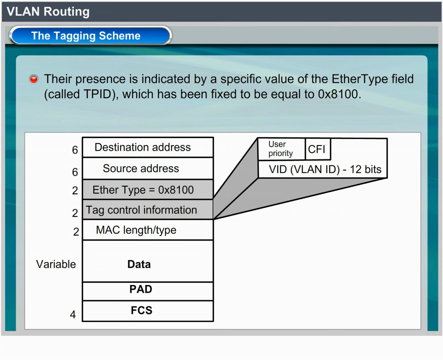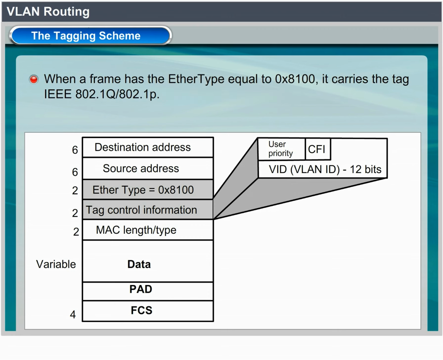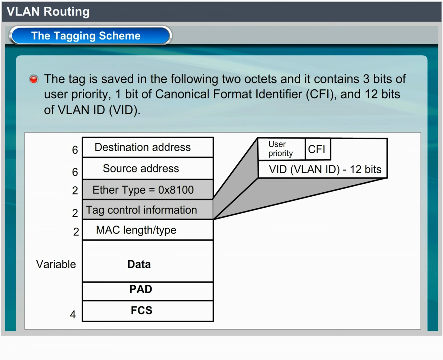When a frame has the ether type equal to 0x8100, it carries the IEEE 802.1q/802.1p tag. The tag is stored in the following 2 octets and it contains 3 bits of user priority, 1 bit of canonical format identifier, that is CFI, and 12 bits of VLAN ID, that is VID.